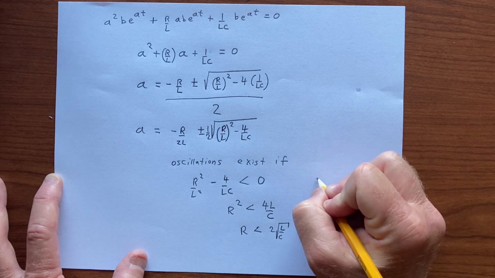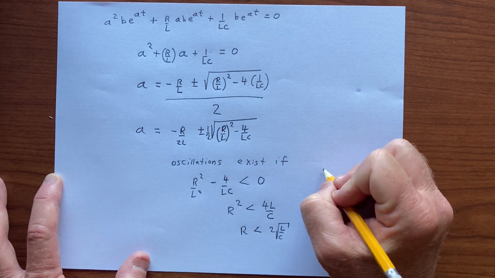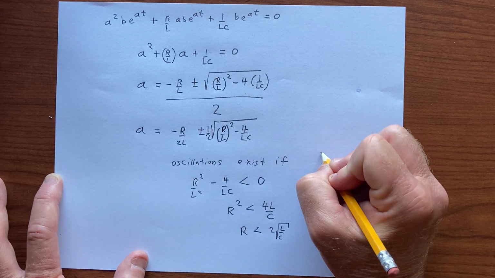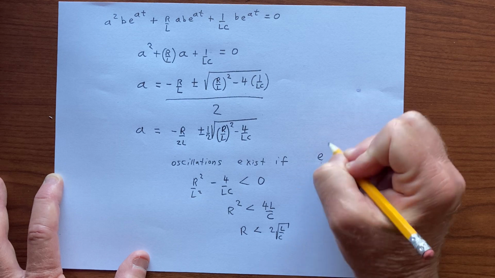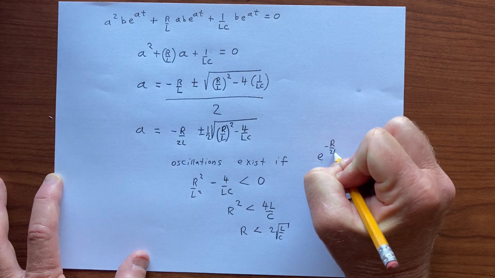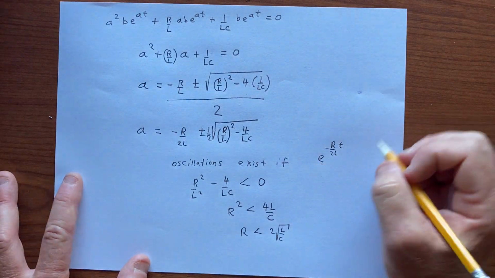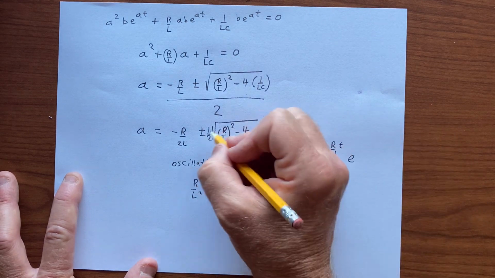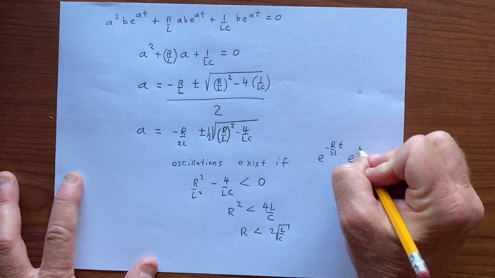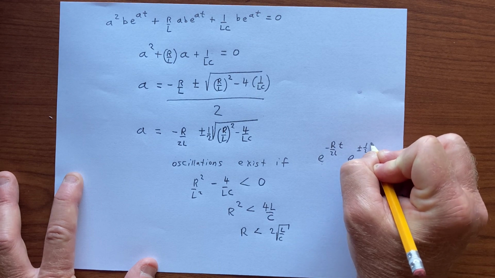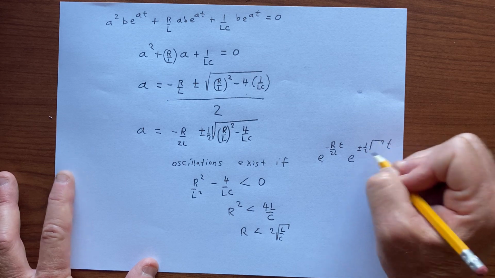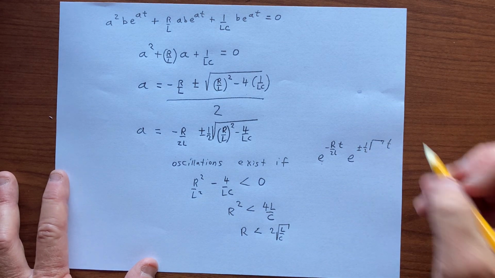And so in other words, the solution involves Q to the e to the minus R over 2L t, and an e to the, of course there's a plus or minus there, so plus or minus 1/2 times this square root term times t. This could be an imaginary number, right?